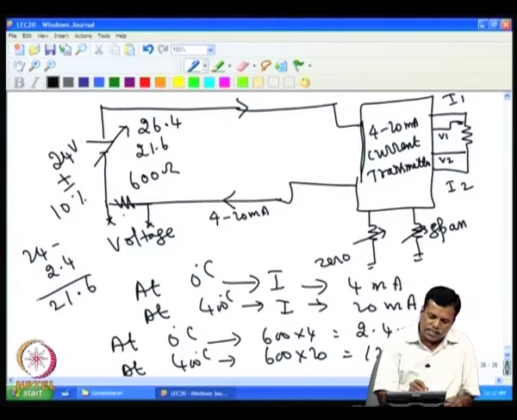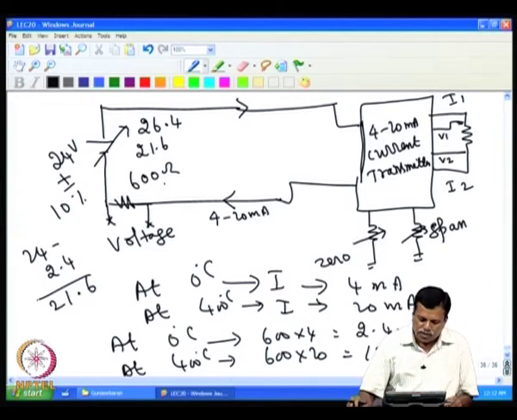And similarly, the resistance also they may not keep constant all the time, the resistance also varies from 100 to 600 ohms.